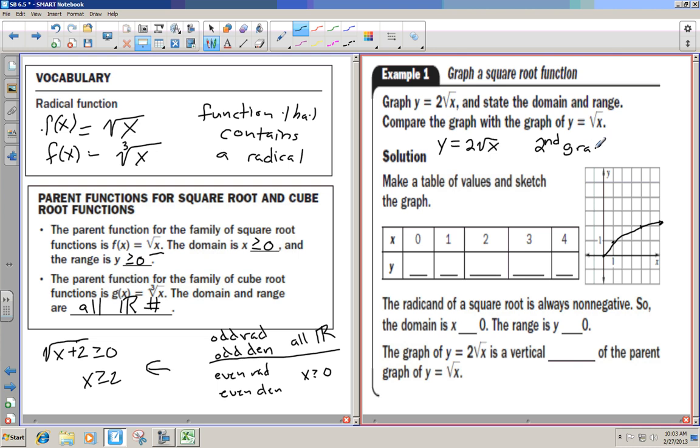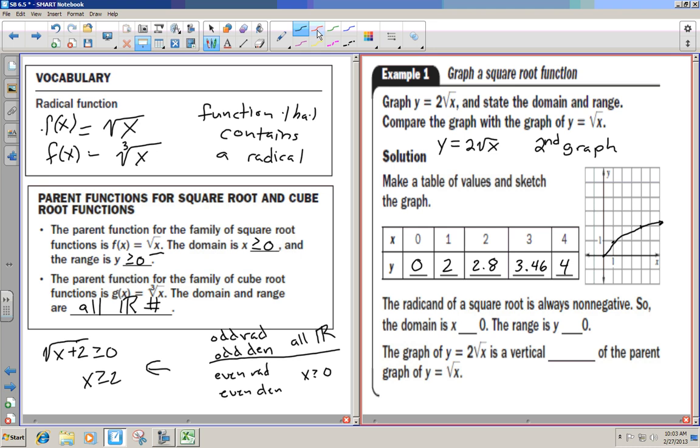And this will bring up the table. Right away, when you hit second graph, the table will show up and 0 will be 0. X is 1 will go to 2. X is 2 will be about 2.8. X is 3 will be 3.46. And when x is 4, it'll be 4.